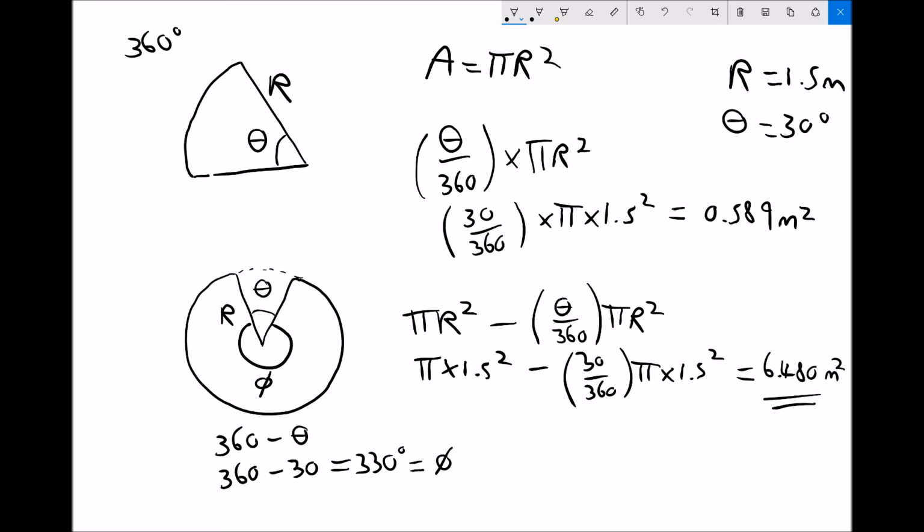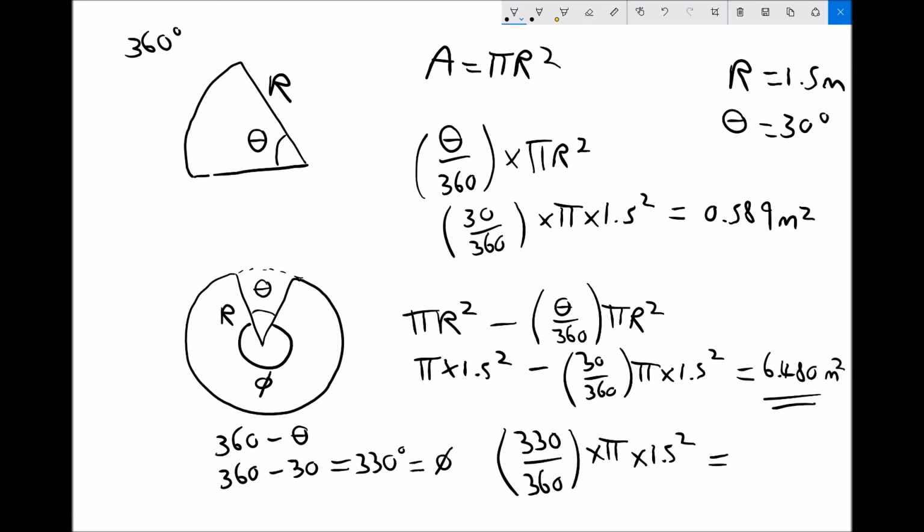Now we can use the same method as we used for the first sector to calculate the area of this sector. We know that we've got phi over 360's worth of that circle. So we've got 330 over 360 as a fraction of that circle, because we haven't got the complete circle. We're then going to times that by pi times the radius of 1.5 squared, and that should give us the same answer of 6.480.